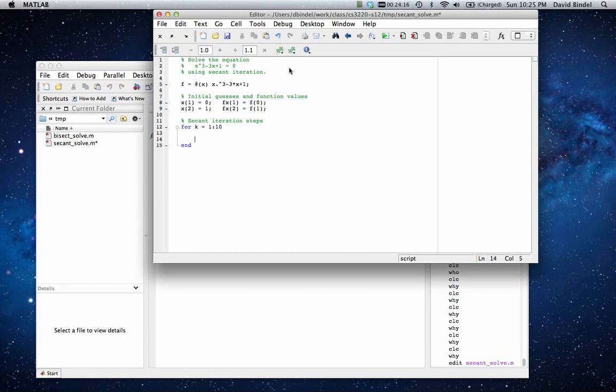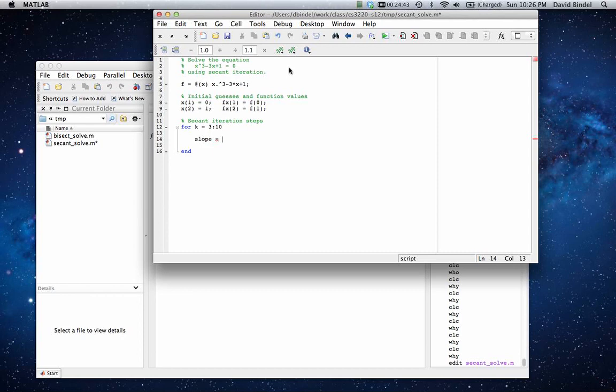Okay, and let's see, what's the equation for the secant line? Well, I know that the slope of the secant line is going to be the difference in f values divided by the difference in x values, starting at k equals 3. Now, which f values?